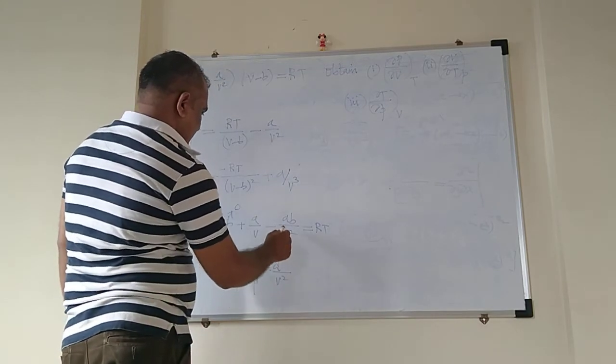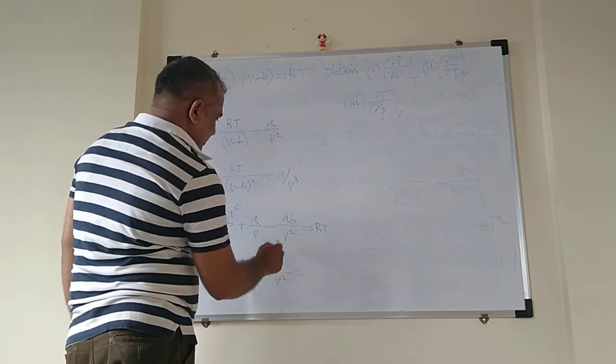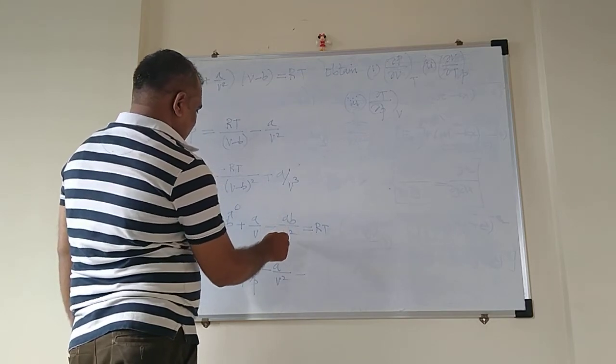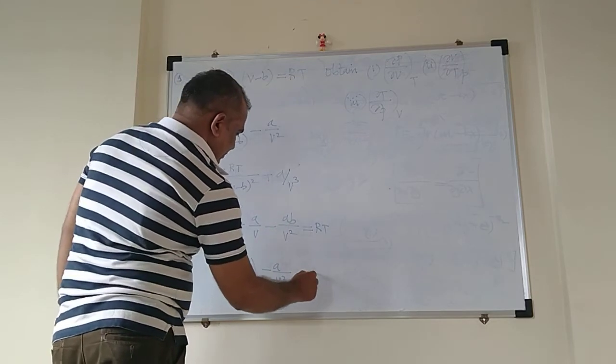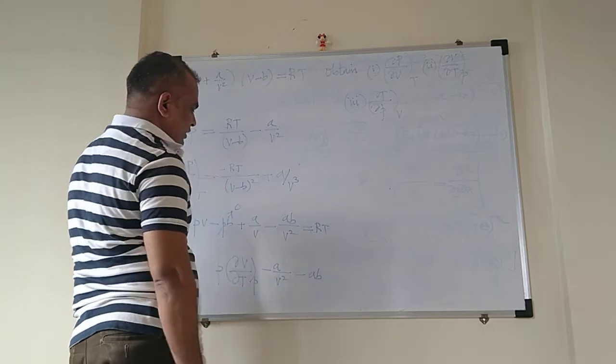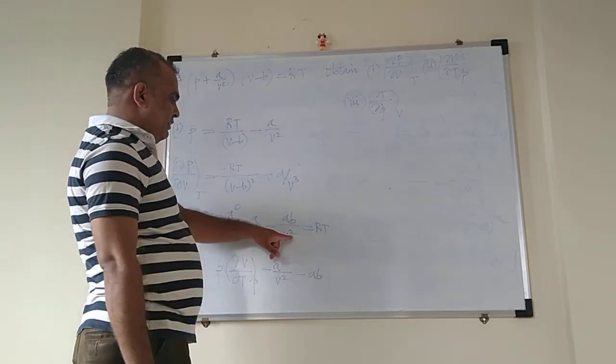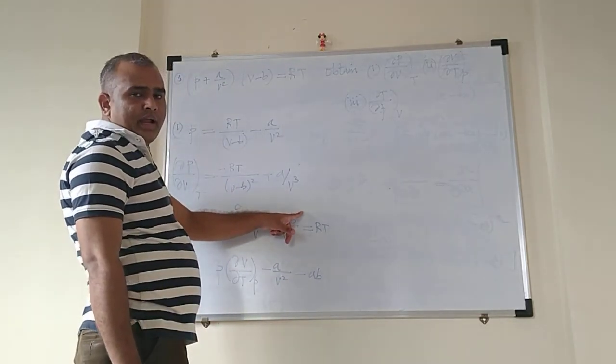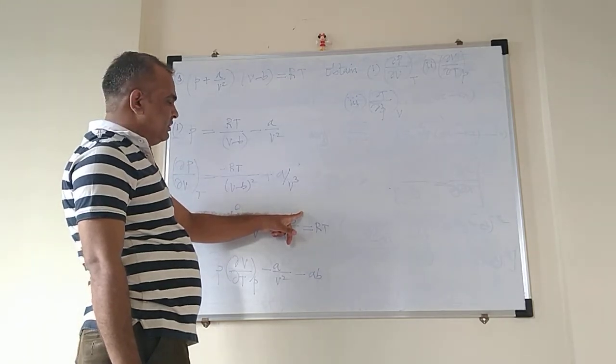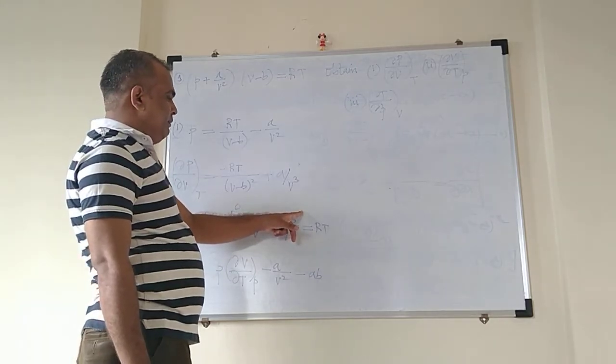And differentiation of this minus ab into v square, I can write v raised to minus 2, and the differentiation of v raised to minus 2 is minus 2 v cube.